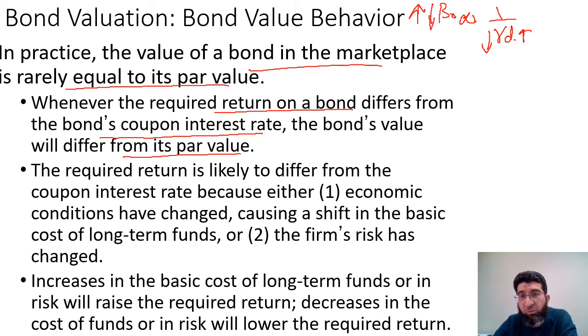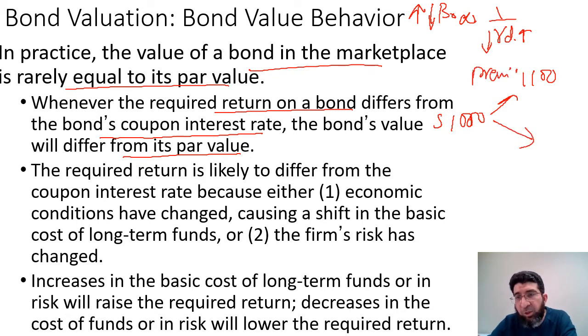It will fluctuate above or below $1,000. If $1,000 is the par value and the bond goes above it, let's say $1,100, we have a premium bond. And if it goes below $1,000, like $800, it's a discount bond.